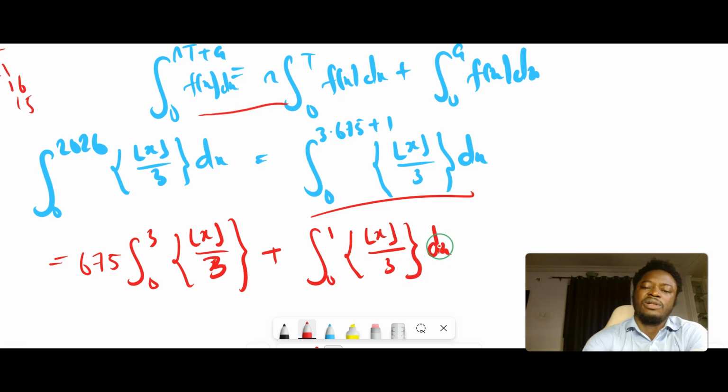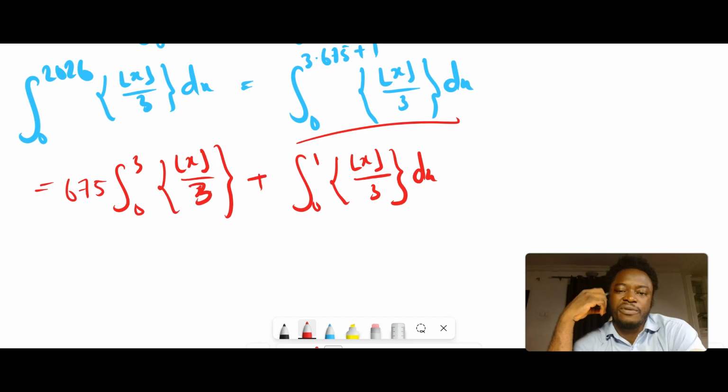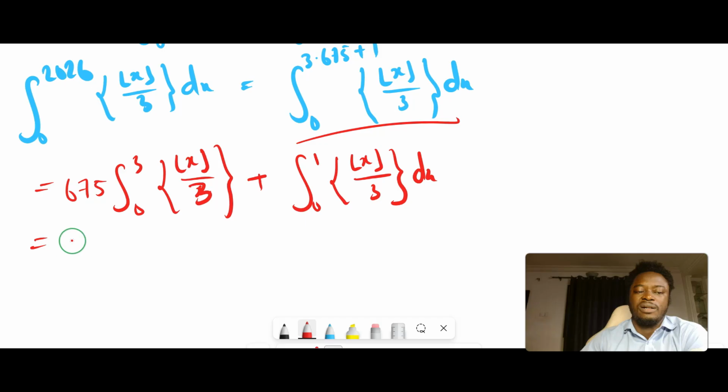Now this is 0 because if x is between 0 and 1, the floor of x is 0, and so you have, let's break this.